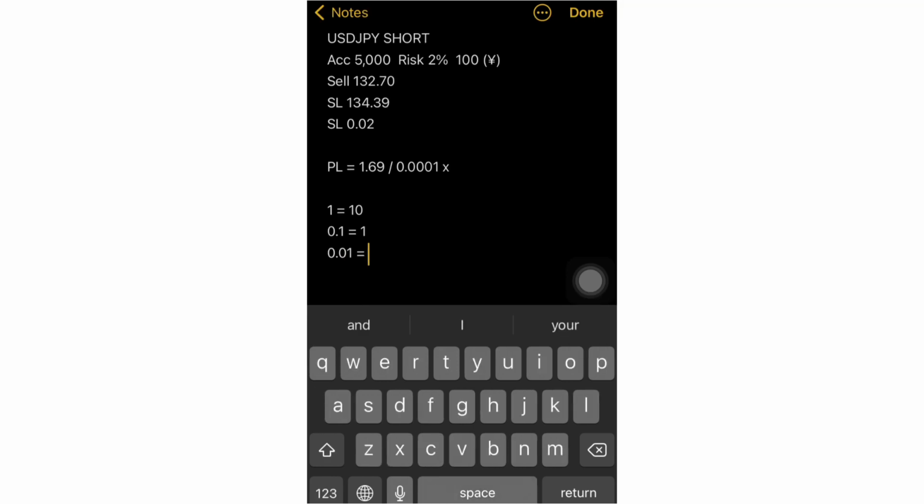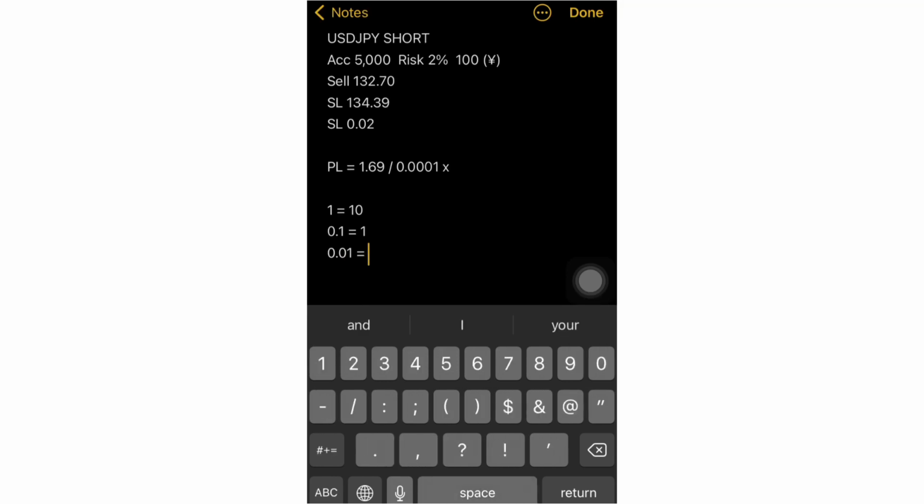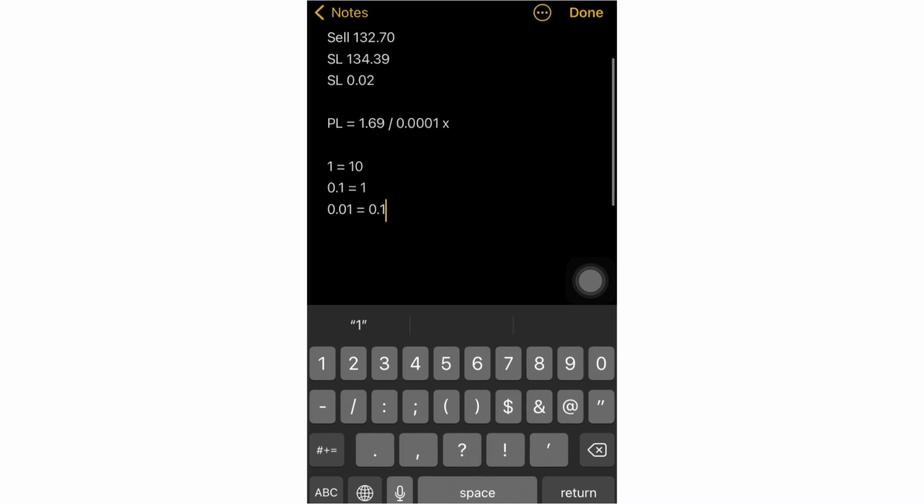I don't know what they call that in Japanese. Basically, if this figure represents the currency value for 1 pip movement, 1 lot will give us 10, 2 lots will give us 20, 3 lots will give us 30. You just have to times by 10, just so you can memorize this in your head.